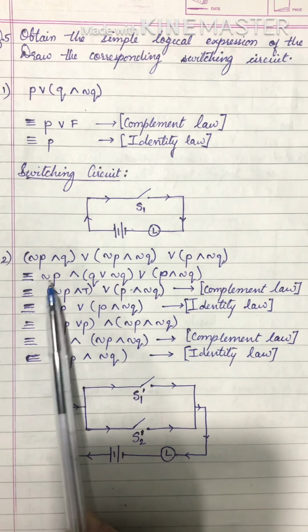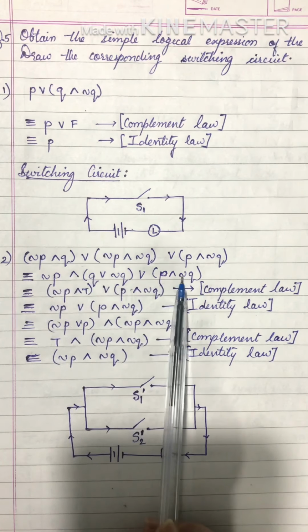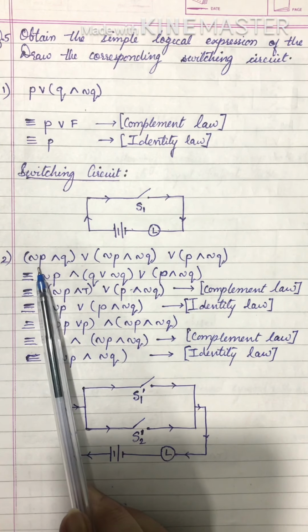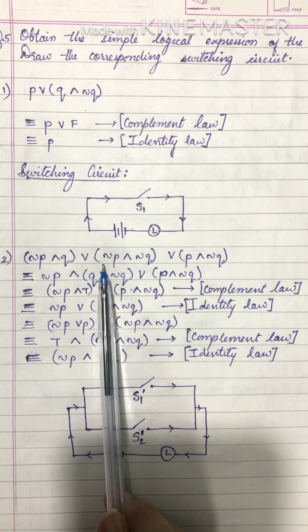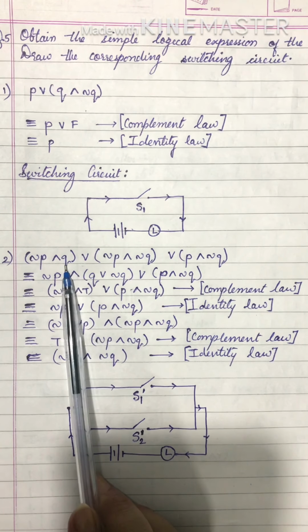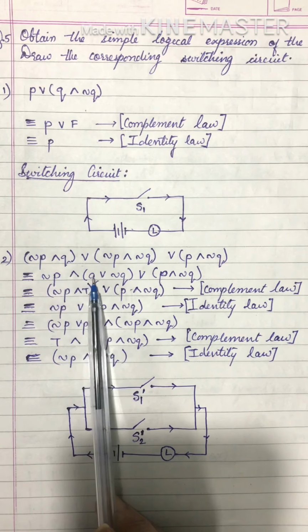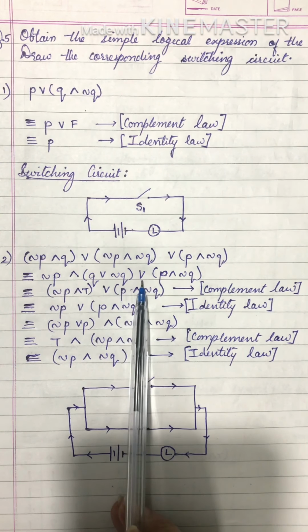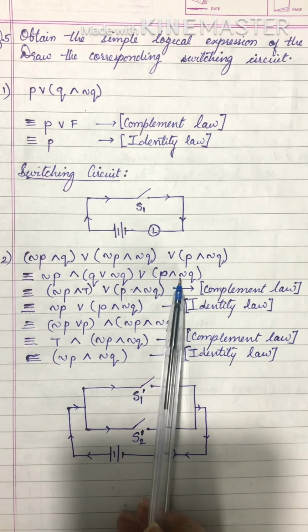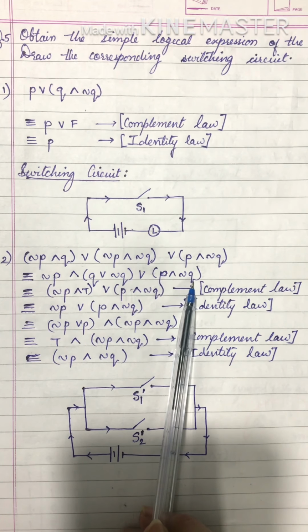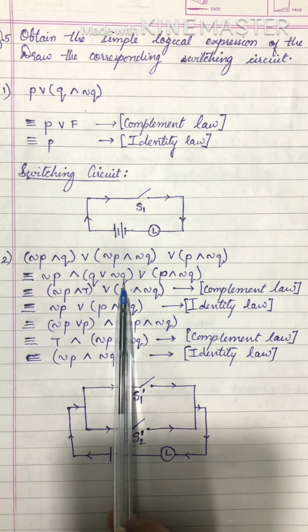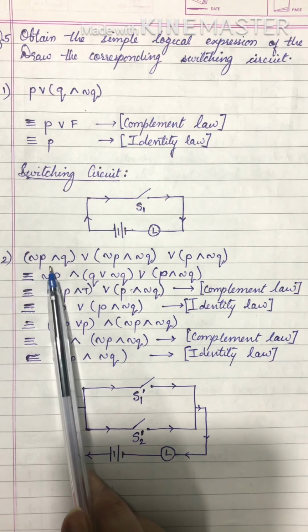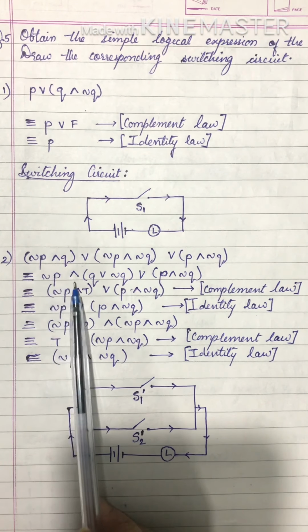Okay, now check the second step, what I have done here. If you have understood, see, negation P and Q or negation Q, okay, or P and negation Q. So if you have understood what I have done here, this part, okay, I have taken negation P and common.